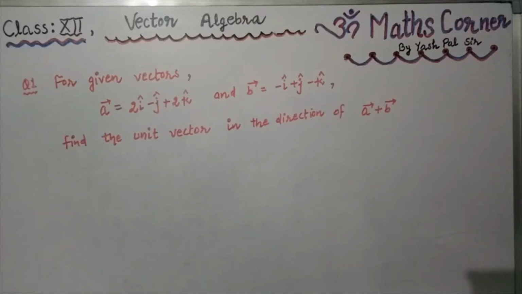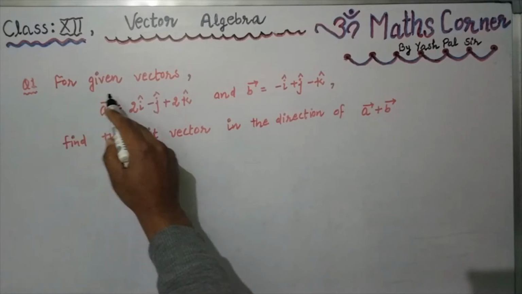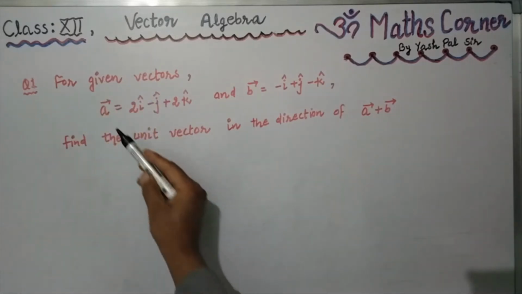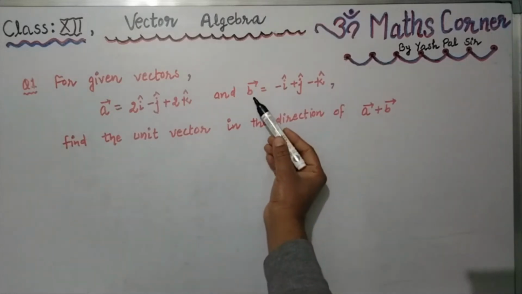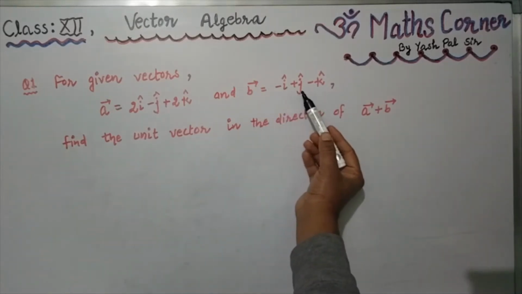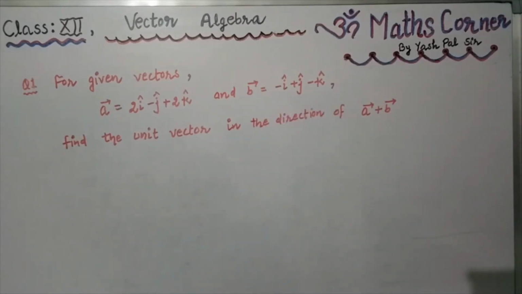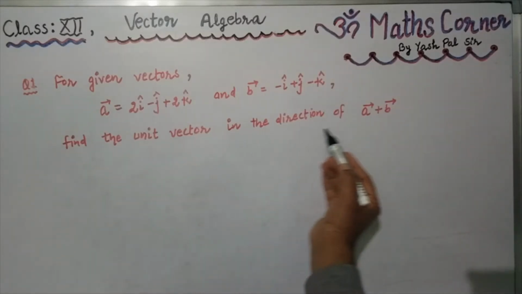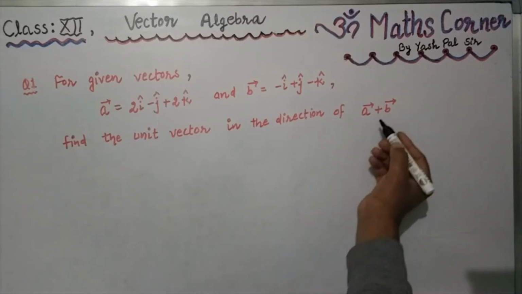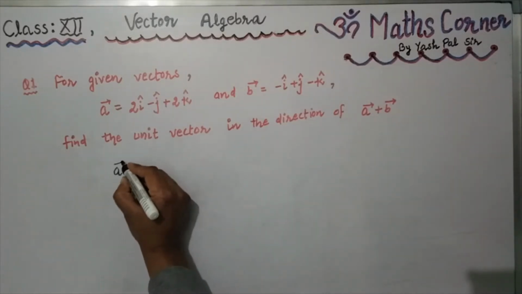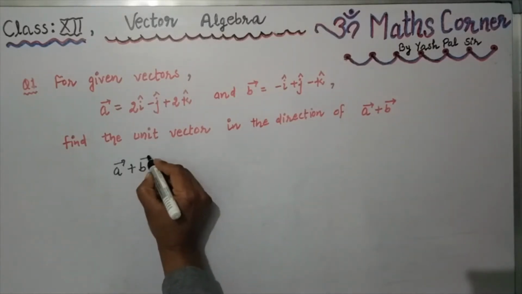The very first question is: for the given vectors a equal to 2i minus j plus 2k and b equal to minus i plus j minus k, find the unit vector in the direction of a plus b. First of all we find vector a plus vector b.